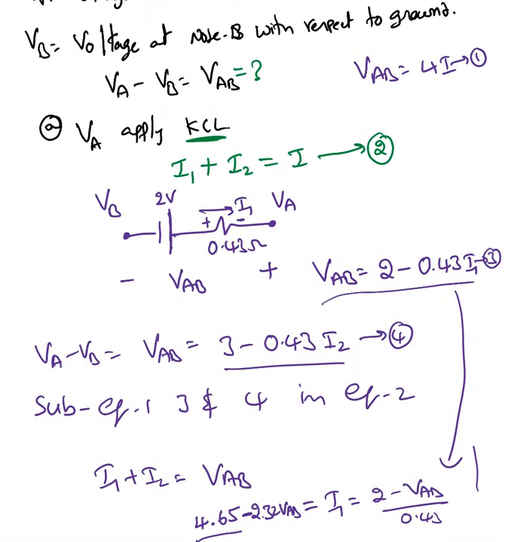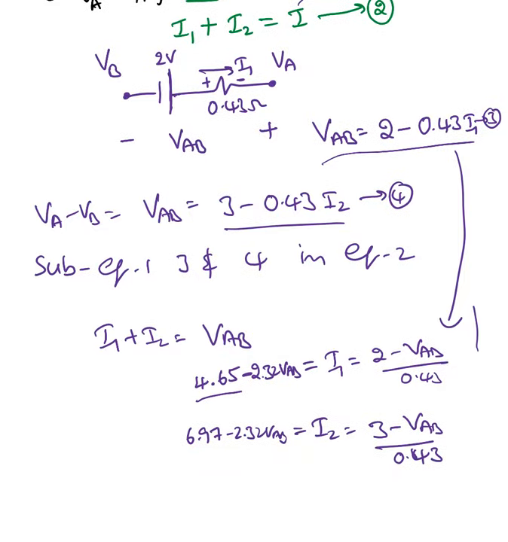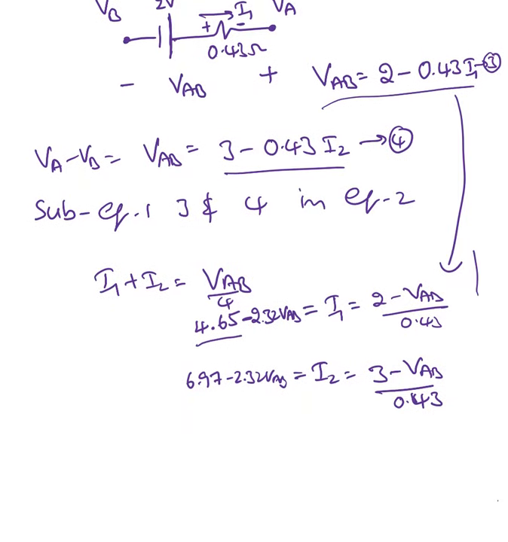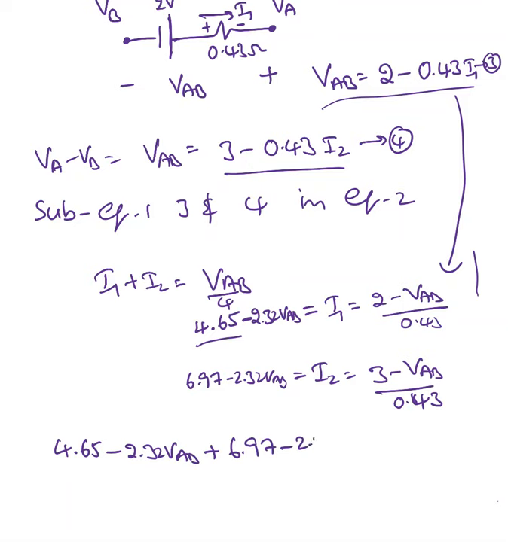So I1 plus I2: 4.65 minus 2.32 VAB plus 6.97 minus 2.32 VAB equals VAB over 4.